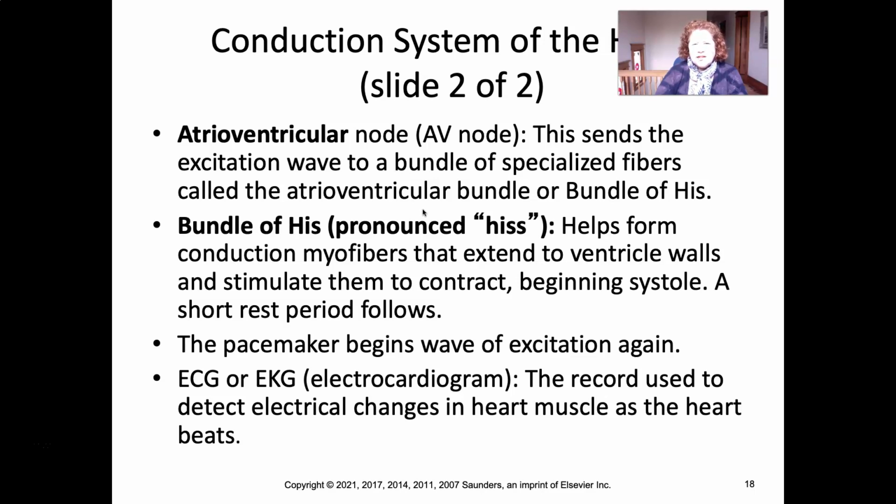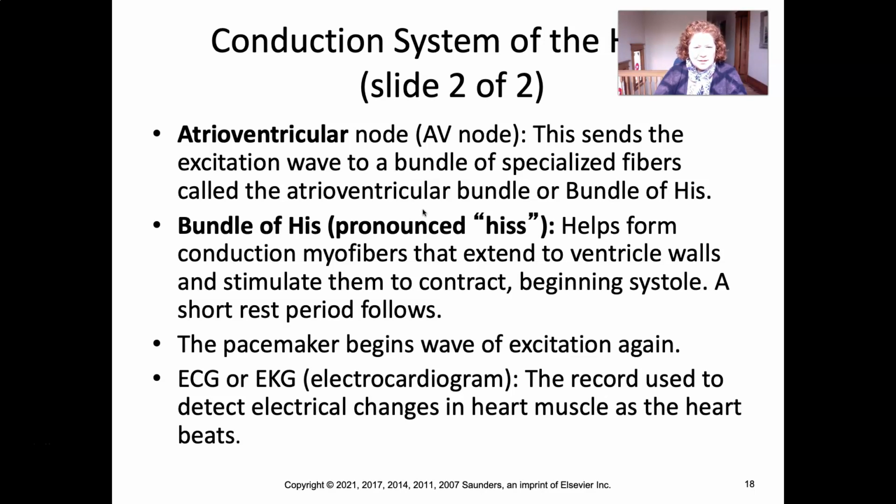This helps form the conduction fibers that extend to the ventricle walls and stimulate them to contract, beginning systole, and then you have a short rest period. And then the pacemaker begins the wave again. So you've got the wave, and that is going to stimulate the bundle of His, and that is going to stimulate the ventricle walls to contract.